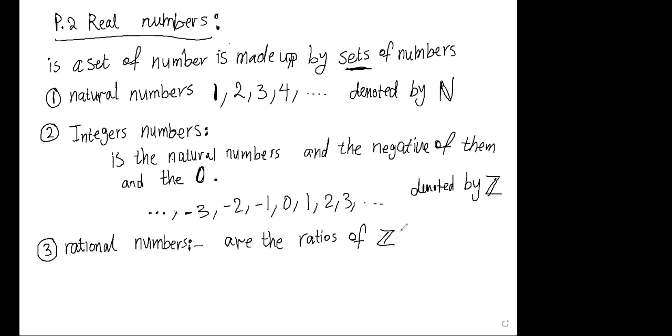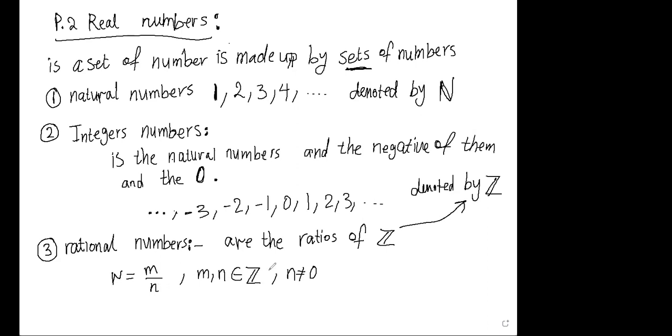For example, r equals m over n, such that m and n belong to the integer numbers, and n is not equal to 0.